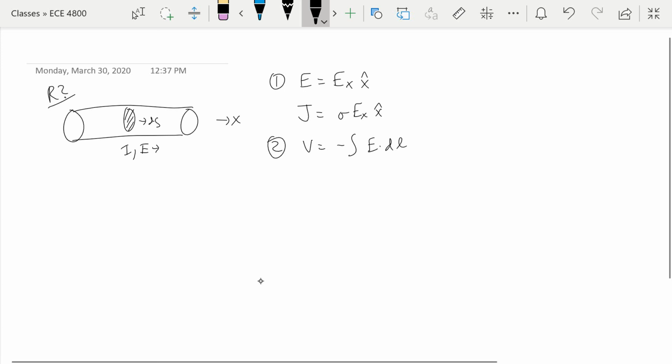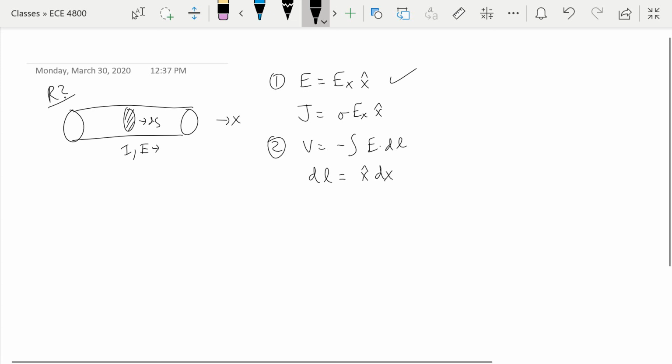We already found E up here, so we're kind of done with that. So our dl, let's write that down. We're moving in the x direction, along the x-axis, so dl is just x hat times dx.